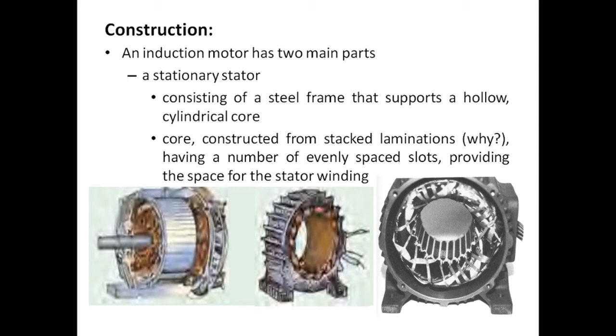It consists of a steel frame supporting a hollow cylindrical core made of stacked laminations, which reduces losses. It has a number of evenly spaced slots providing space for the stator winding.